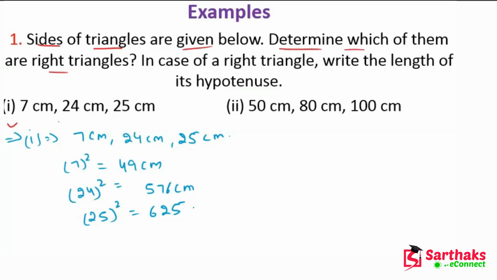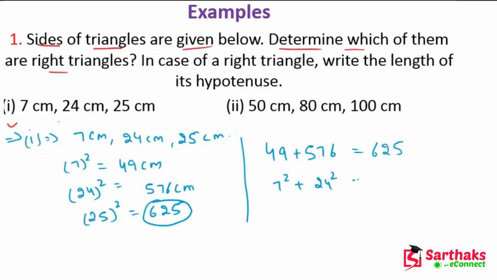So if we add 49 plus 576, which is equal to 625. Okay, and we have what? We have 625. Hence proved. So now we can write it as 7 square plus 24 square equals 25 square.